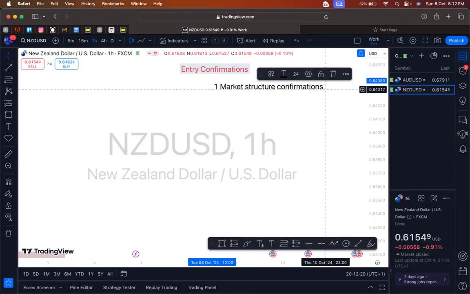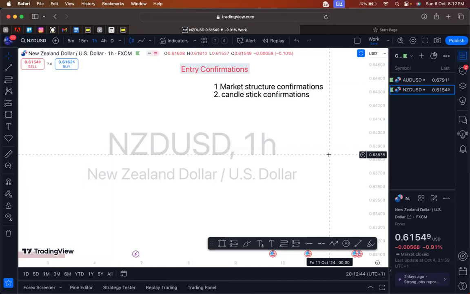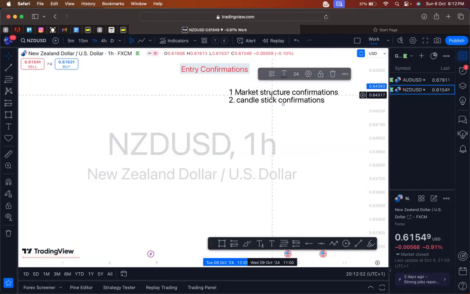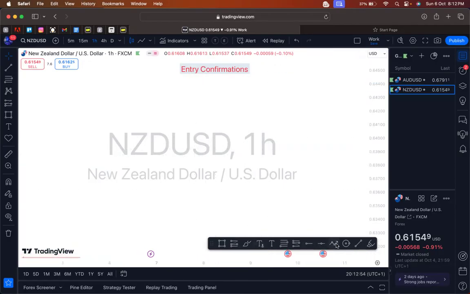And then we have candlestick confirmations. So we're going to start with market structure confirmations. Hopefully, before the end of this session, we'll do market structure confirmations and then understand it. So, what is market structure confirmations, or how do we use market structure confirmations?